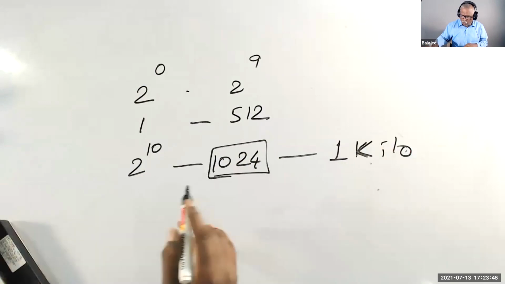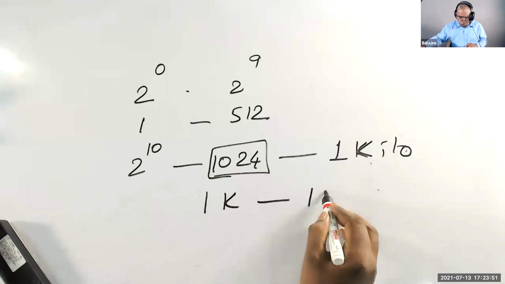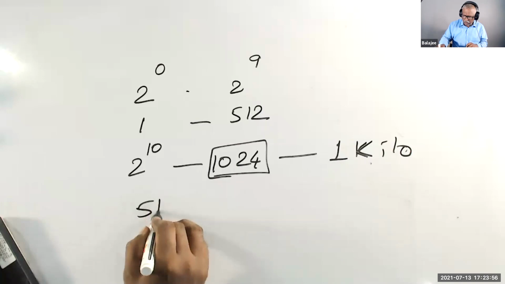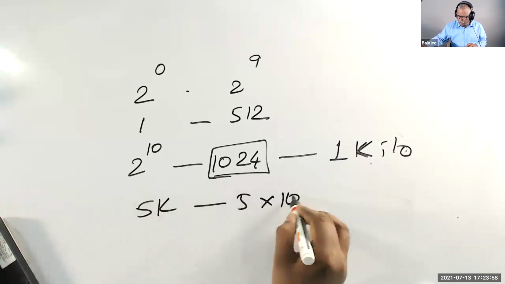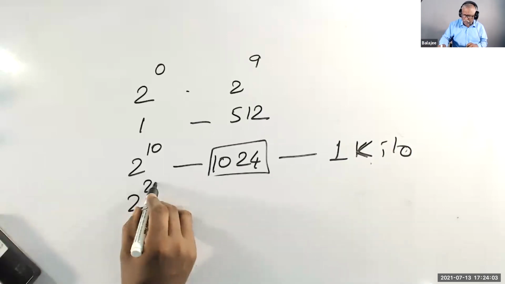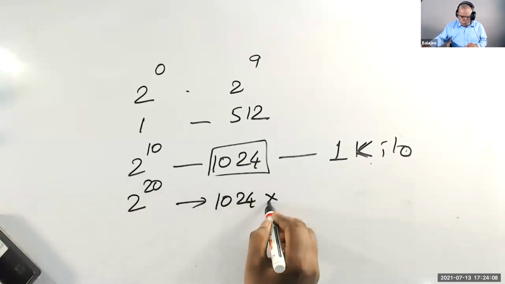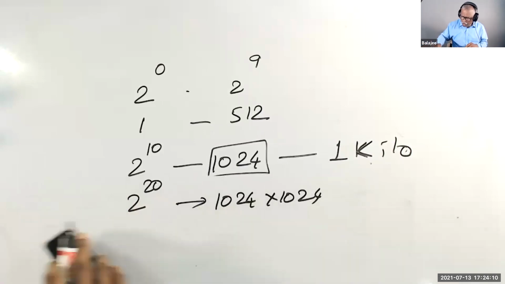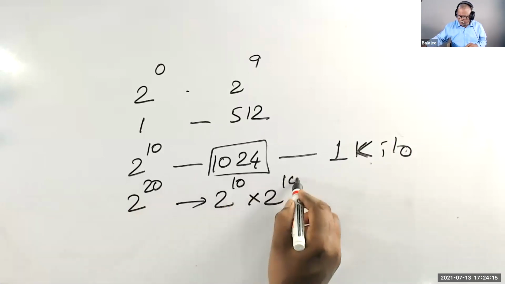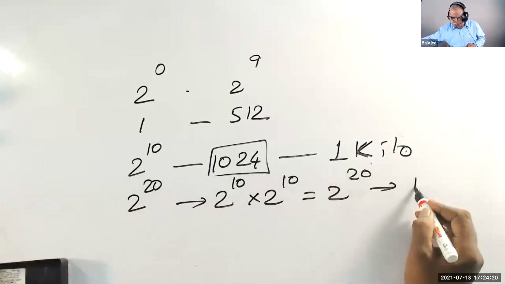So if I write 1K, it means 1 into 1024. If I write 5K, it means 5 into 1024. Same way, 2 power 20, we write 1024 into 1024. That is 2 power 10 into 2 power 10, equal to 2 power 20. We can write it as 1 mega.